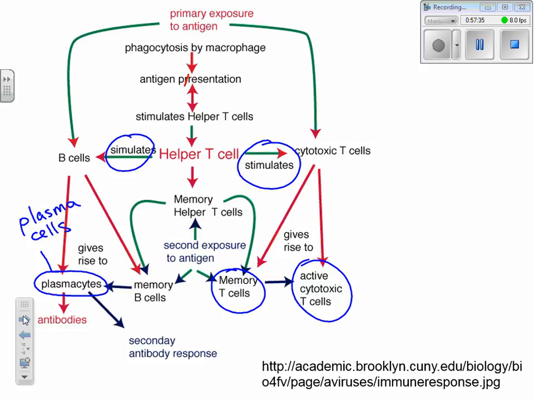We also get the production of memory cells here, so that again, if we're exposed a second time, we get this really rapid production of plasma cells again. And it's the plasma cells that produce the antibodies. So those antibodies are going to be very important to us. And the secondary antibody response down there at the bottom is what would happen the second time you're exposed to the same antigen.